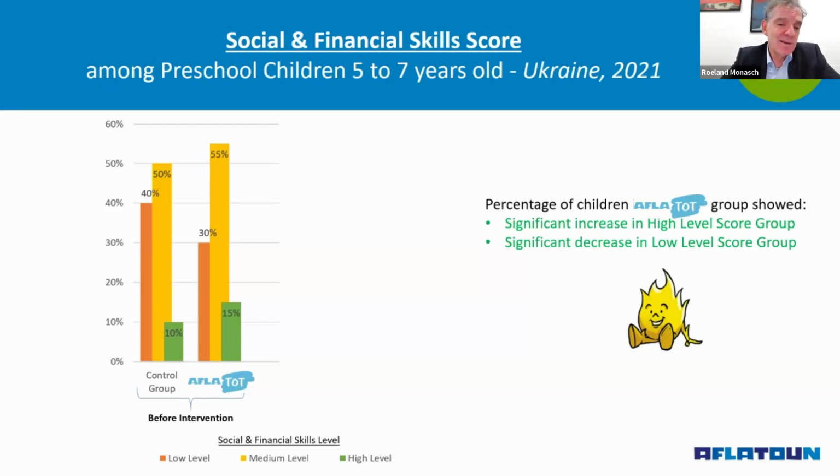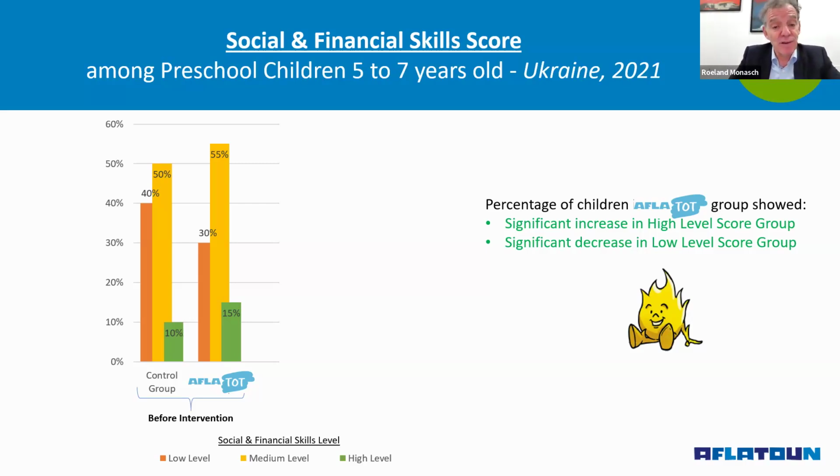As you can see, before the intervention, only 10 or 15% in the AflaTot group had high level social financial skills. The majority was in the middle, and there was a significant group of 5 to 7-year-olds in Ukraine who had low financial skills.